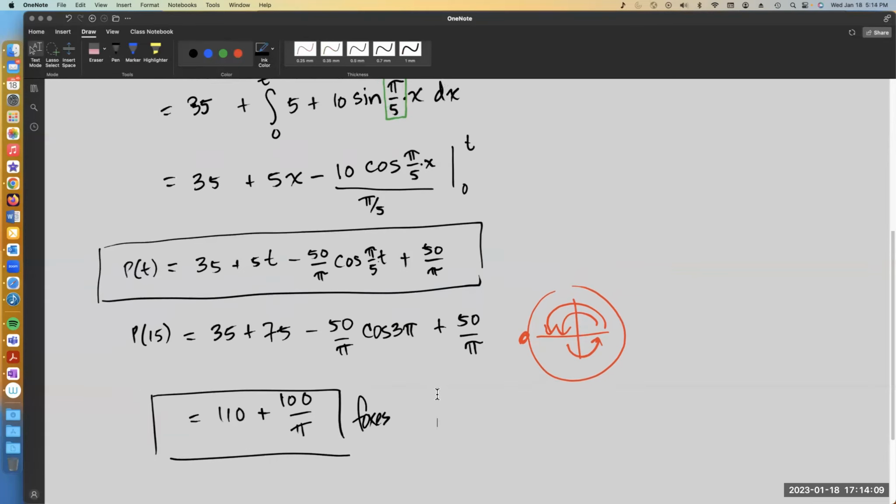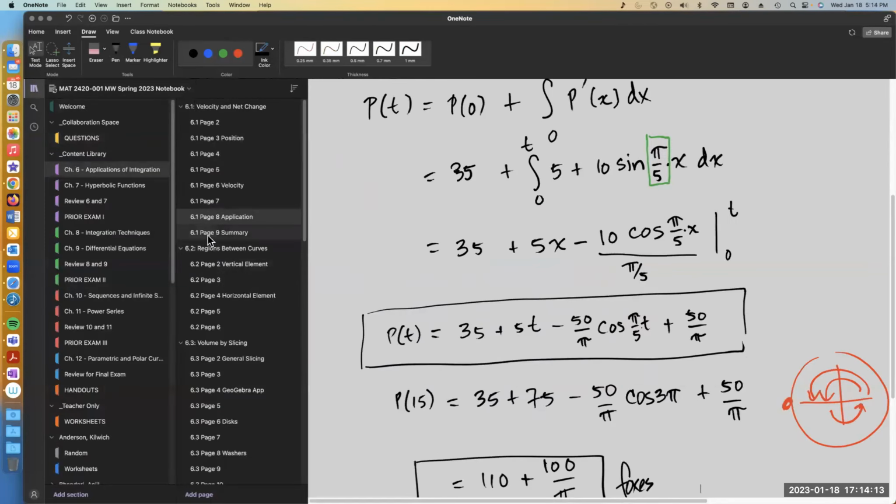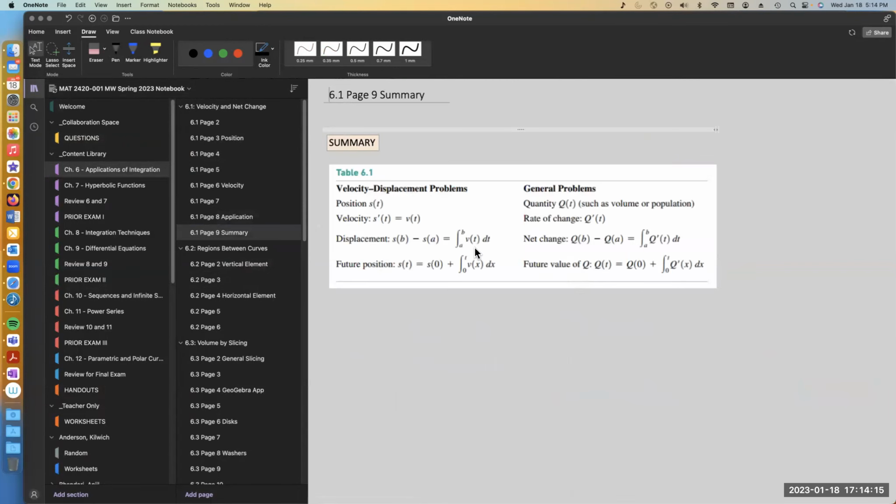All right. The last slide in this section is just a summary of what we just did. On Monday, I will see you in person at the Westminster campus, and I think we're in B1204.